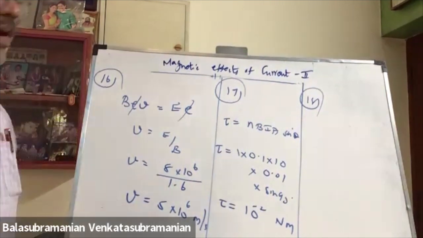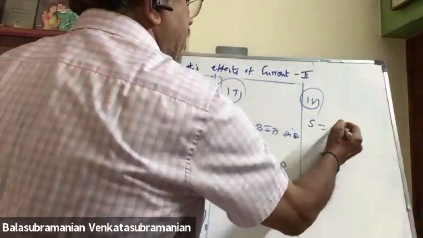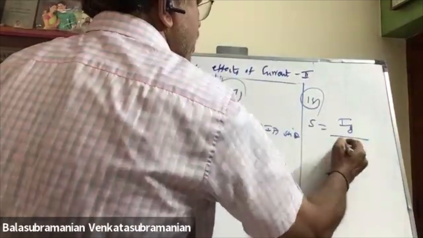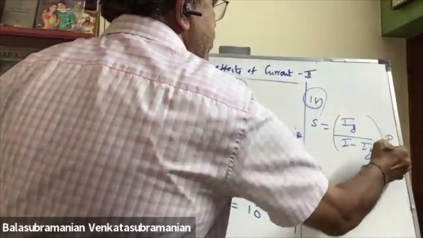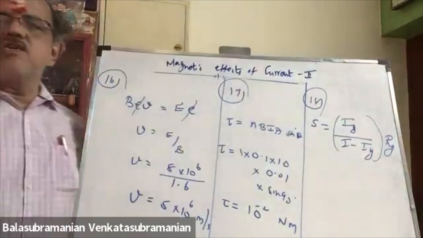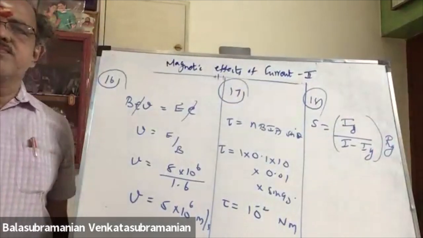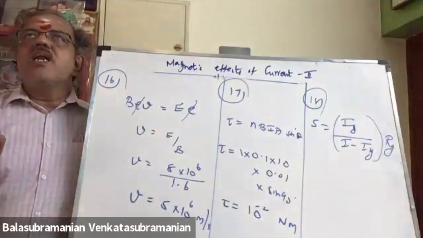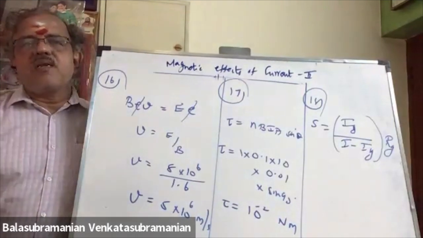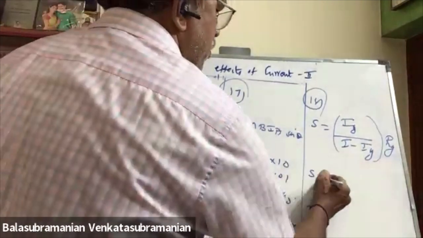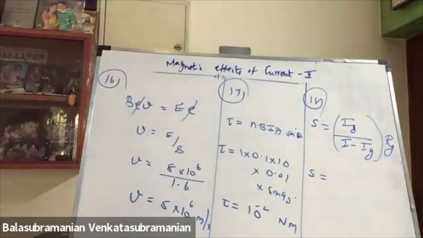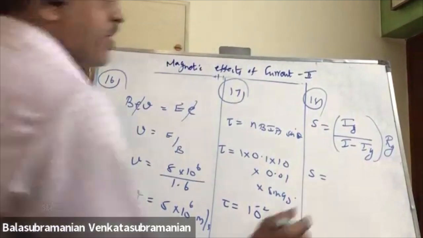Already we know the formula for conversion of galvanometer to ammeter. S is equal to Ig by I minus Ig into G, you can put, or into Rg you can put. We have to connect a low resistance in parallel. So S will be, what is the current given? 10 power minus 3, that is 1 milliampere.